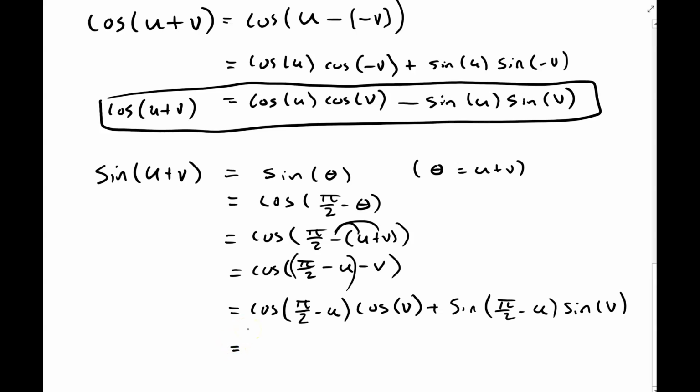And if I use my cofunction identity now on cosine of pi over 2 minus u, that just turns into sine u. And if I use my cofunction identity on sine pi over 2 minus u, that just turns into cosine u. And we're done.